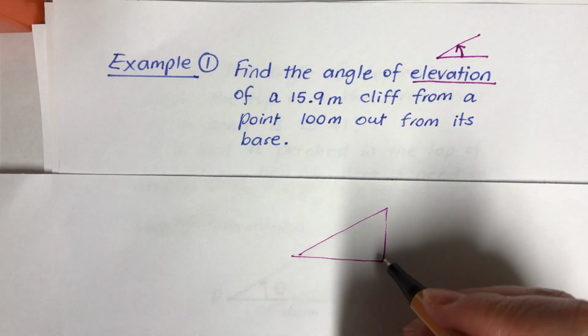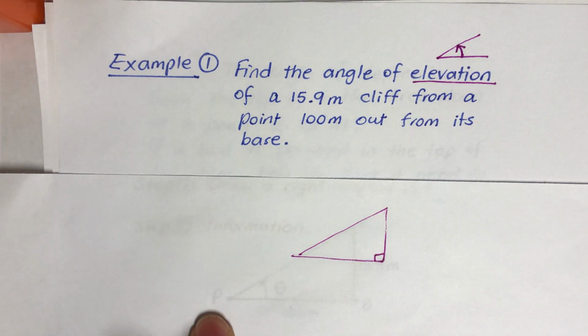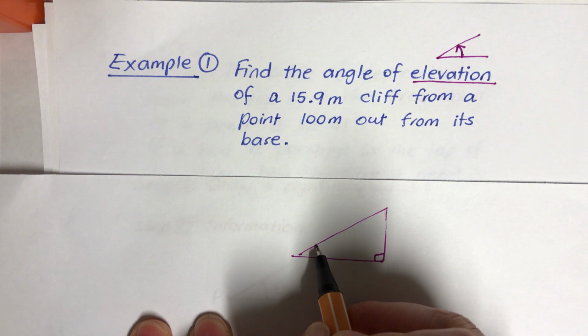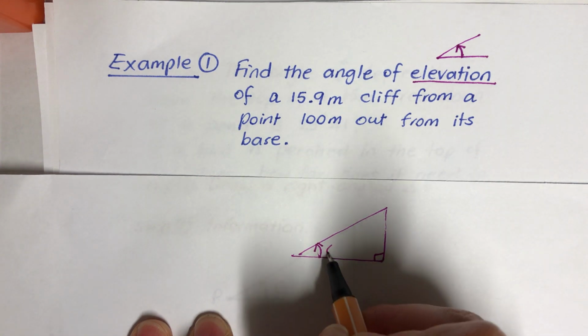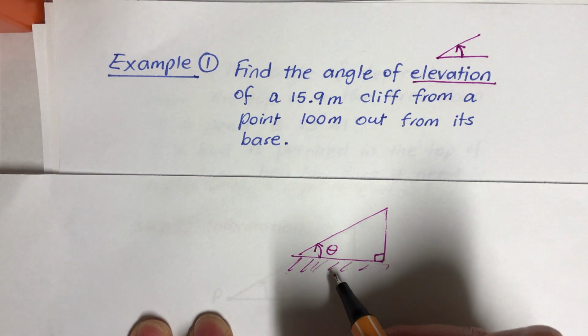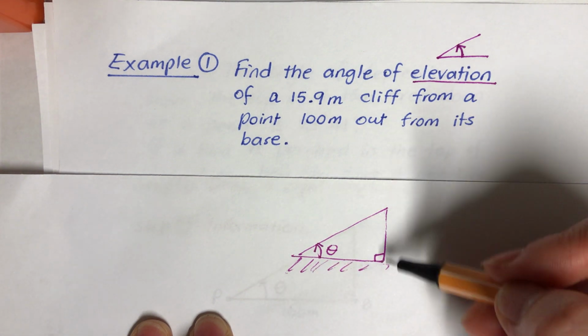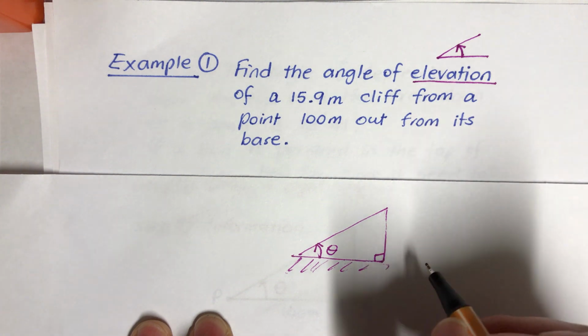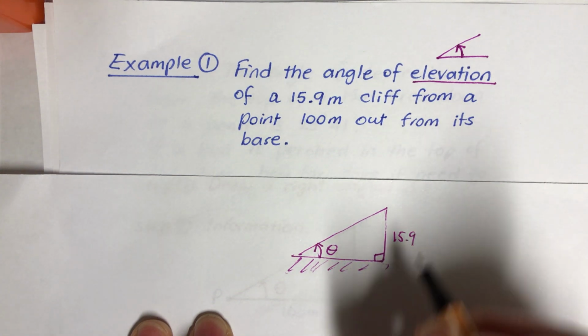a right angle triangle right there. And then it says elevation, so obviously from the ground, this is the ground, to the top, that's elevation. And it says cliff, so this is the cliff here, the height, so I'm going to put 15.9 there.